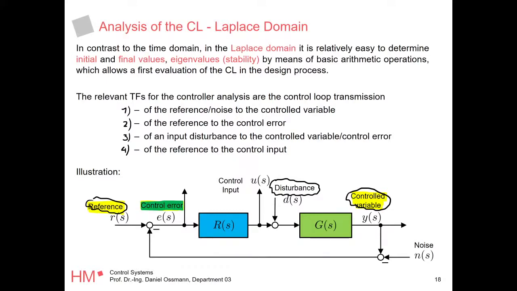Only this time we are talking about a closed control loop. So we're going to go step by step through these four transfer functions, discuss them a little bit, and then I will have some numerical examples for the calculation.